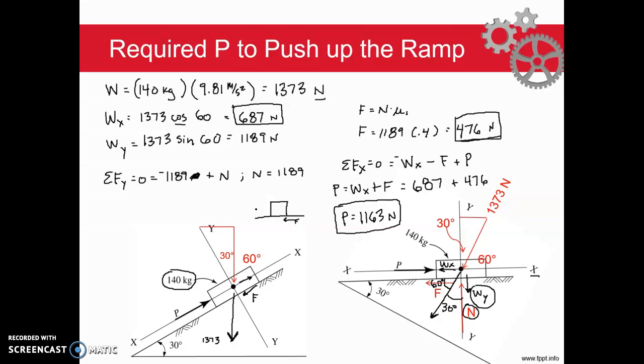Okay? We have to apply a force, P, that is going to cause potential motion for a friction force to occur. And if we only push with 1 pound of force or 1 newton of force, then the friction force will just be 1 newton.